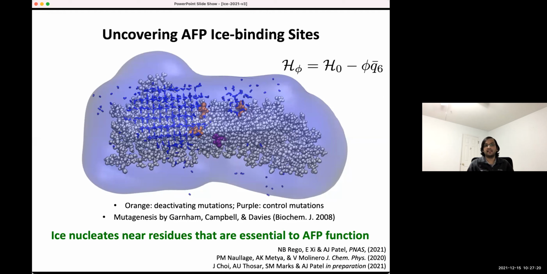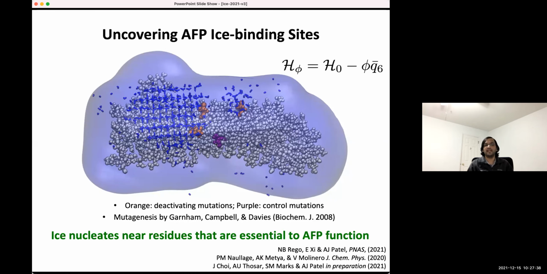It turns out that in this particular case, mutagenesis experiments have been done. And so the orange amino acids are ones which, when mutated, completely abolish AFP activity, whereas the purple is a control mutation which doesn't change AFP activity at all.